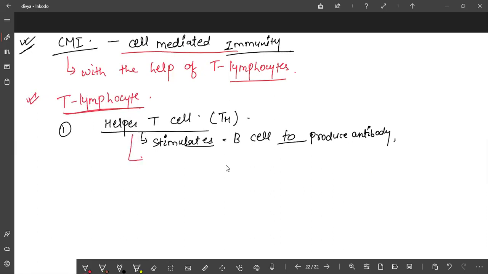Another function of this helper T cell is that it helps killer T cell. We will study killer T cell again. That is also a type of T lymphocyte. We are discussing here the T lymphocyte types. So this also helps killer T cell to destroy non-self cells.